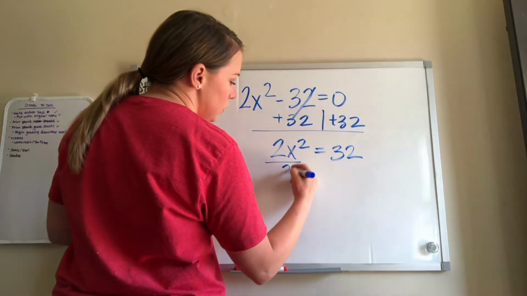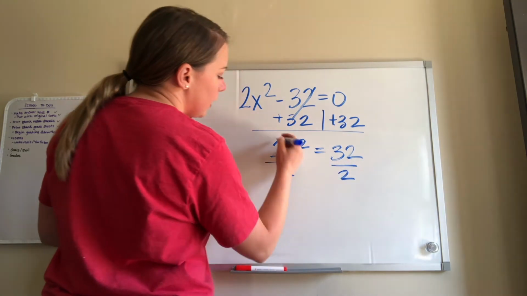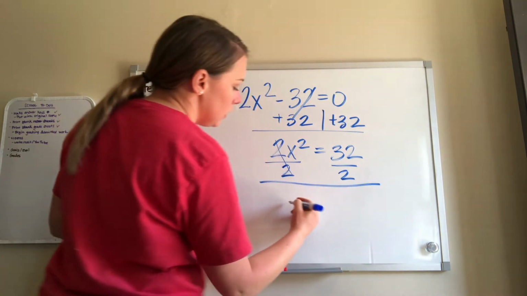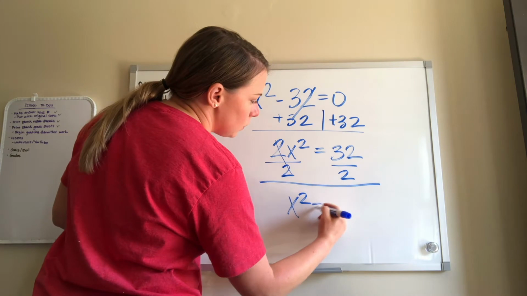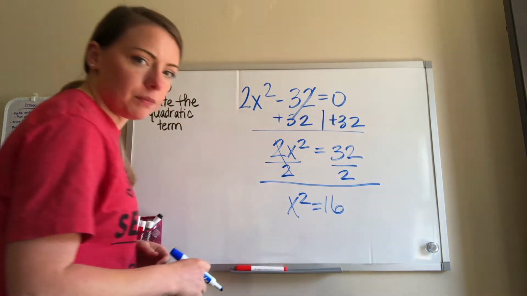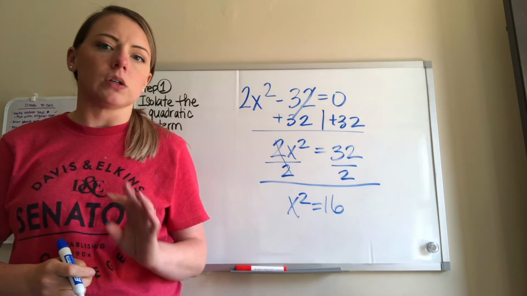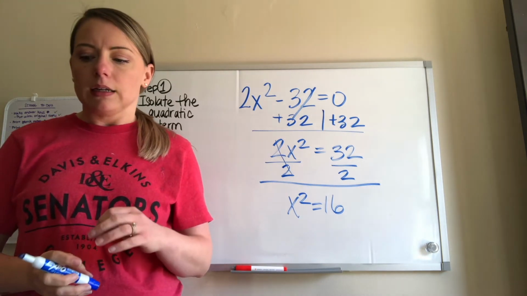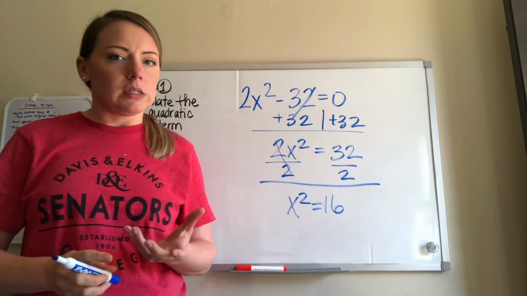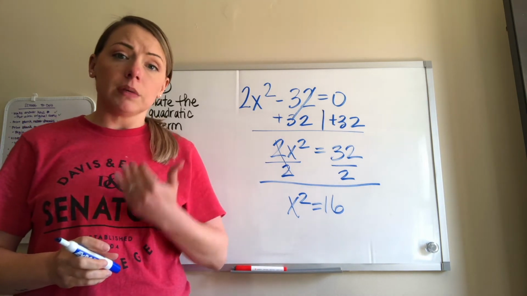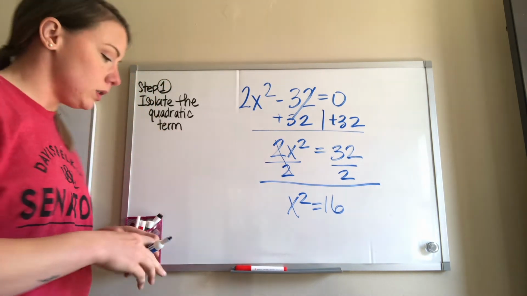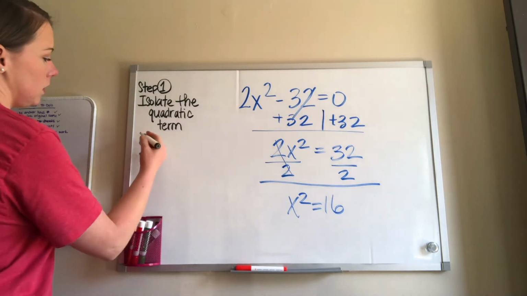So I'm also going to get rid of the 2 by dividing both sides by 2, and then I have x squared is equal to 16. Everybody should be good at this point. We've done inverse operations since August.